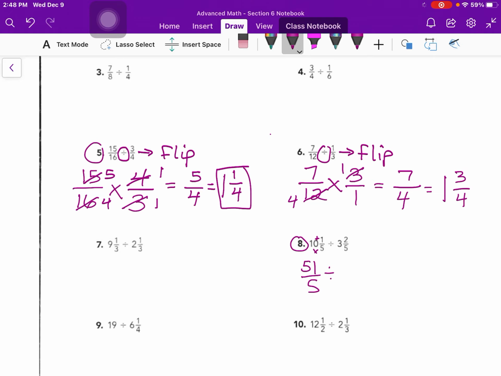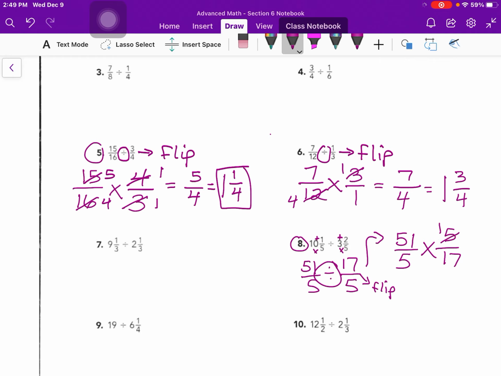And 3 times 5 is 15, plus 2 is 17/5. That's an additional step I have to do before I can do the keep, change, flip. So now when I rewrite it, I keep the first fraction, I change the sign, and then I flip the second. So it looks like this.